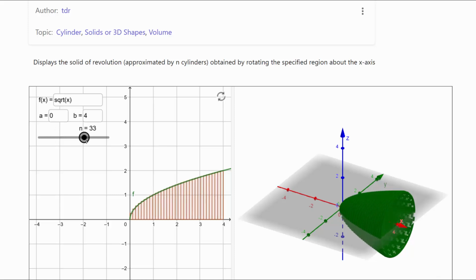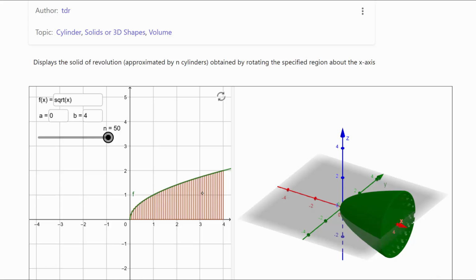And when we get all the way up, this goes up to n equals 50, then we get a nice smooth curve. And so the volume of all the cylinders formed by all of these elements would be very close to the volume of the solid generated over here.